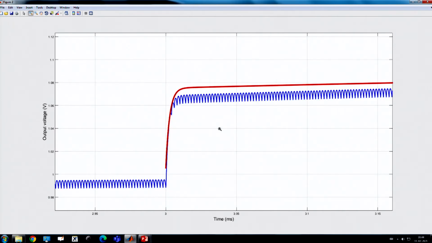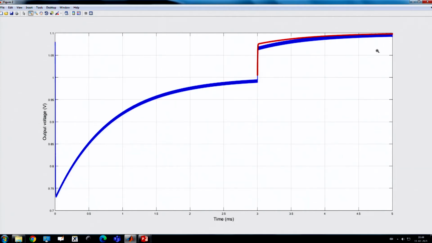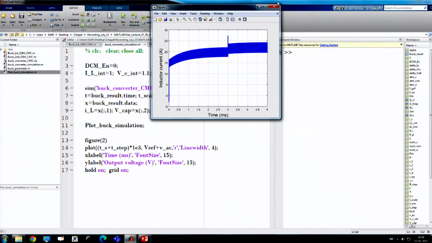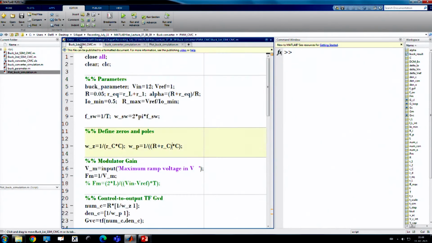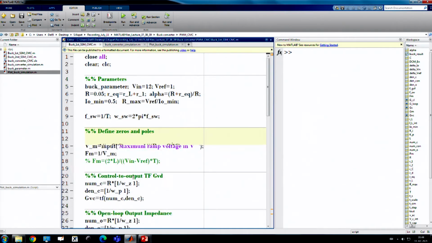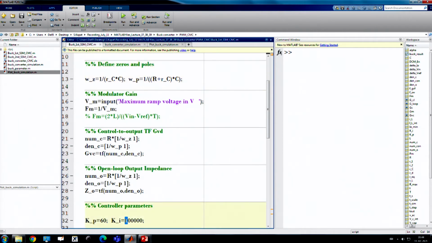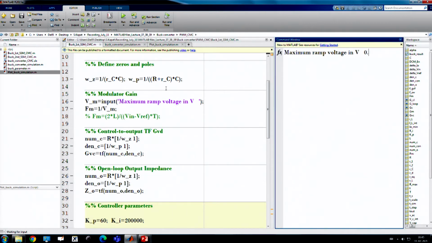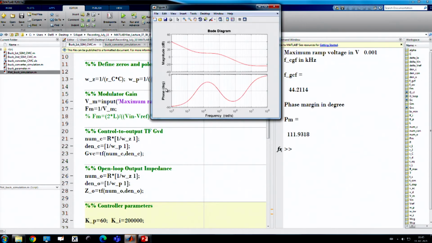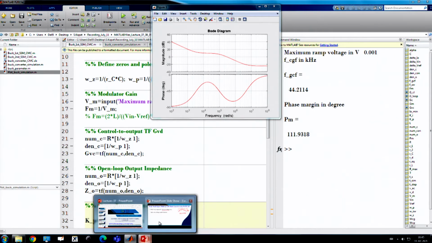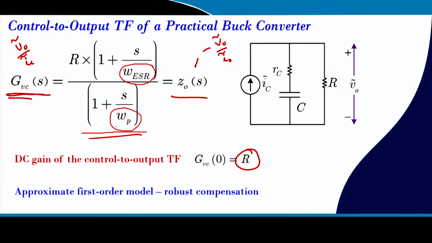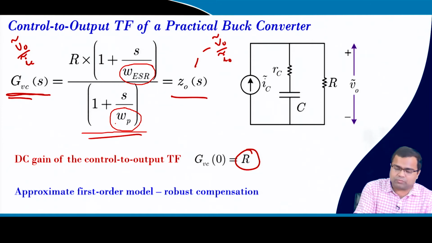Okay. So, actually we need to increase the integral gain because it has not reached steady state. I will tell you why, because if you go back to our past, this omega p, what is omega p?